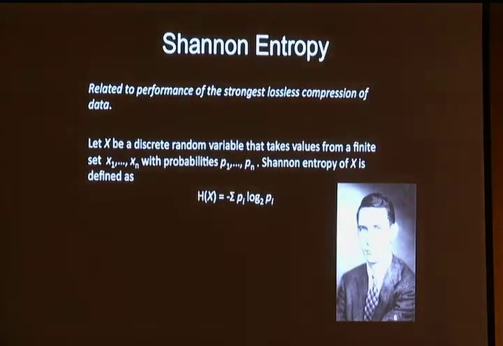Let me talk a little bit about Shannon entropy, which you're probably more familiar with. It's related to the performance of compression algorithms. Mathematically, suppose we have a probabilistic process which takes n different values, x1 to xn, and each of these happens with probability p1 to pn.